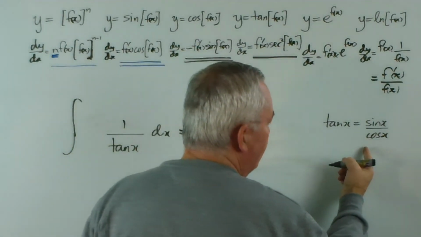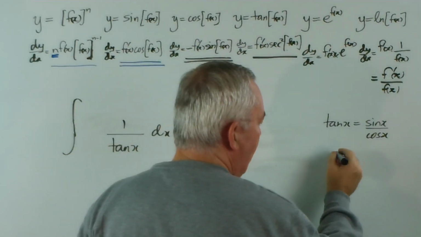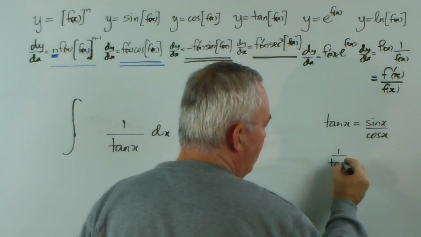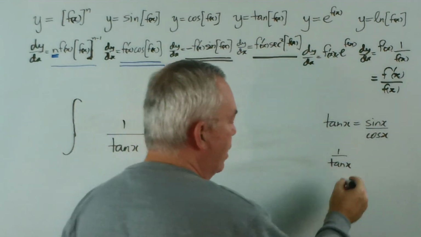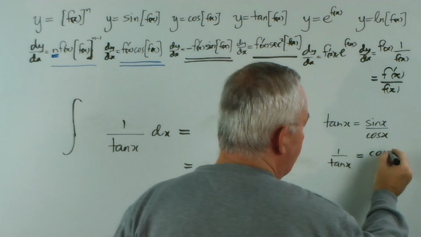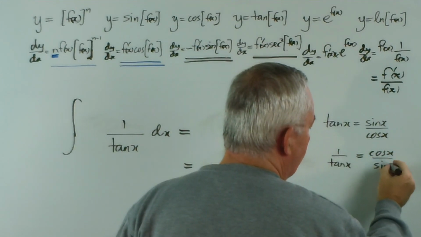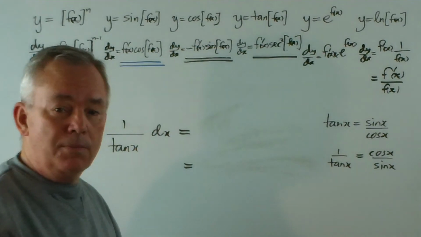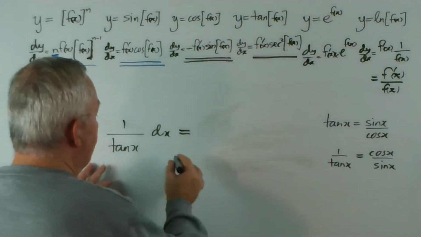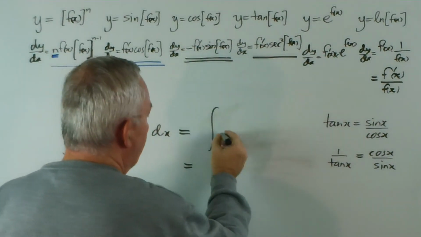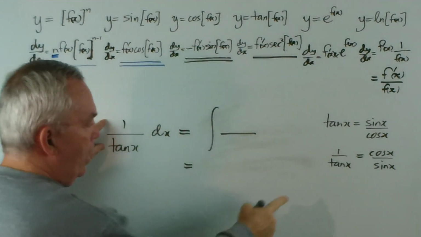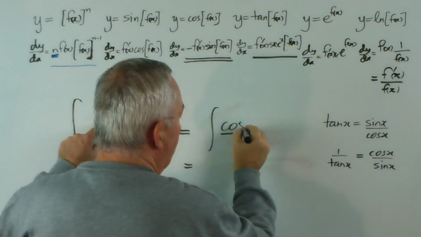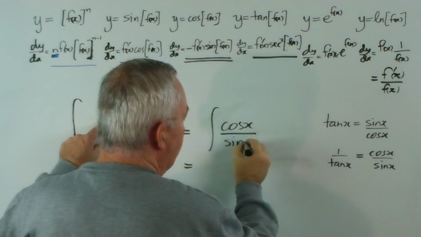That means, doesn't it, that 1 over tan x, or cot x if you like, cotangent, is cos x on sin x. Is that true? Well, if that's the case, I can write this integral as the integral, instead of 1 on tan x, as cos x on sin x.